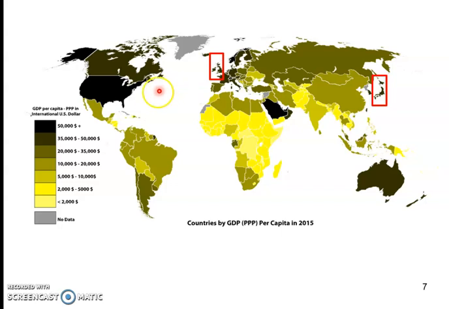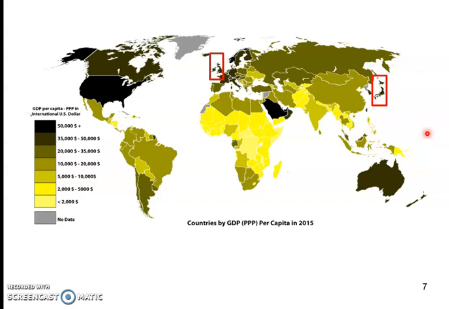Actually, if you look at this world income map, you would find that almost all high income economies are heavily involved in global trade: Canada, United States, Australia, New Zealand, Japan, and some northern European economies as well.